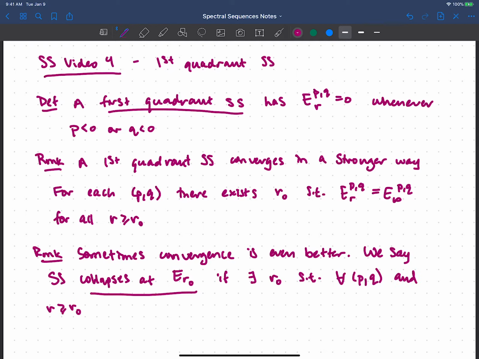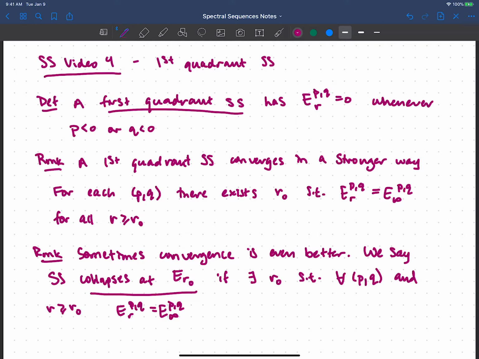Whenever we go past that r_0, those spots stay the same. So at some finite stage, the spectral sequence collapses, every spot on the page has stabilized, and so we might as well say that is the E infinity page.